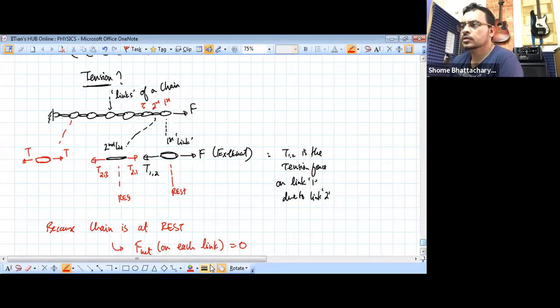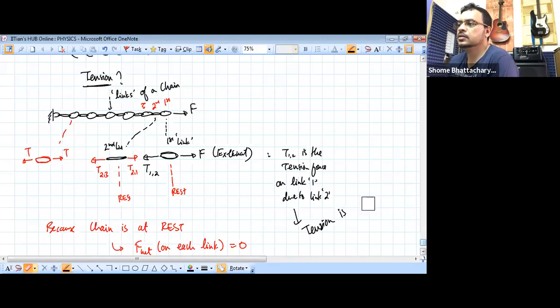Okay. So tension is a force that develops within the chain or rope or whatever.